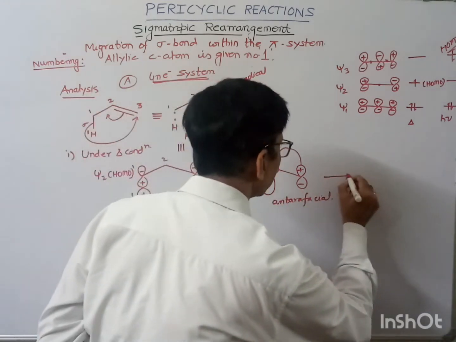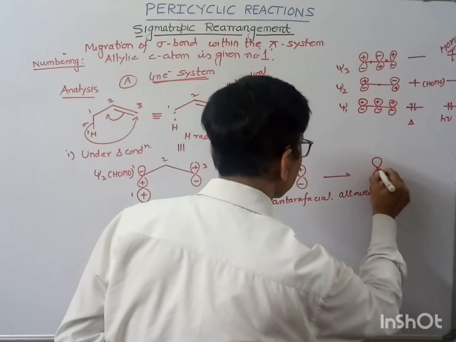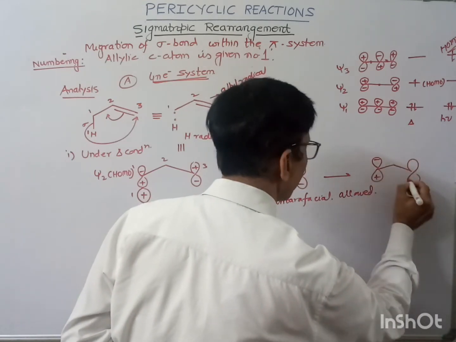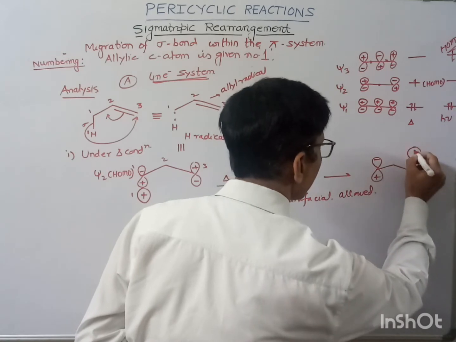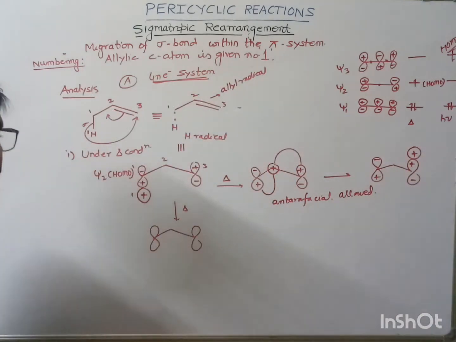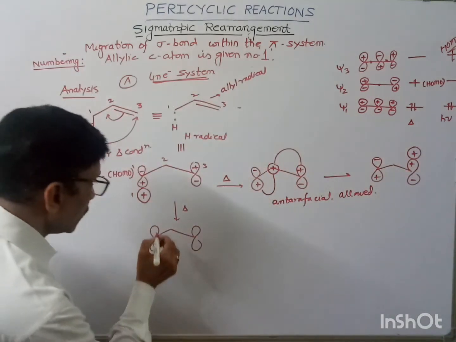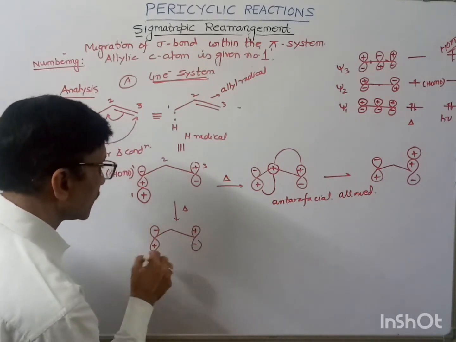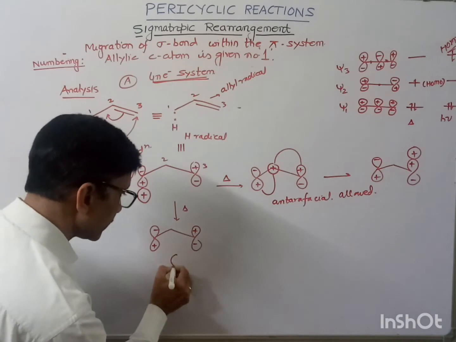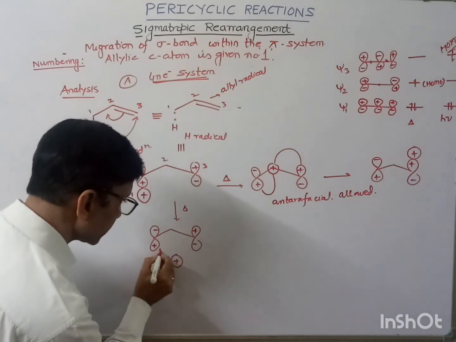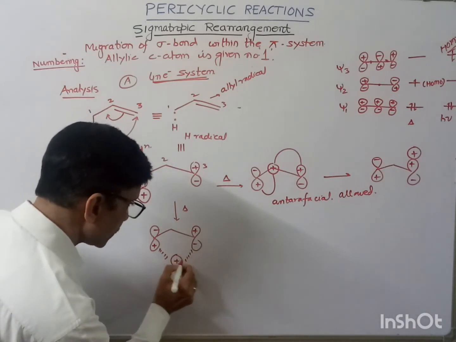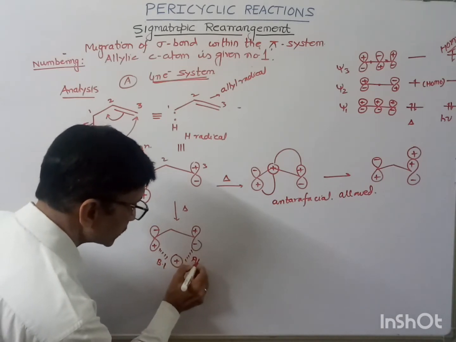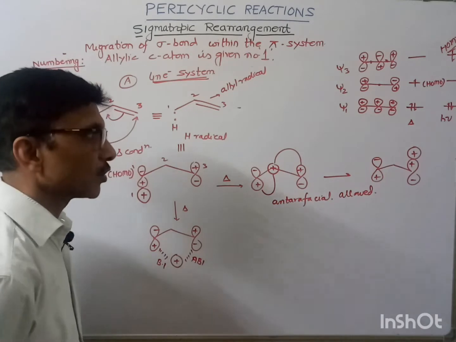So finally what you will get is this thing. Now under suprafacial, like this and this one, this is a bonding interaction and this is an anti-bonding interaction, which is not allowed.